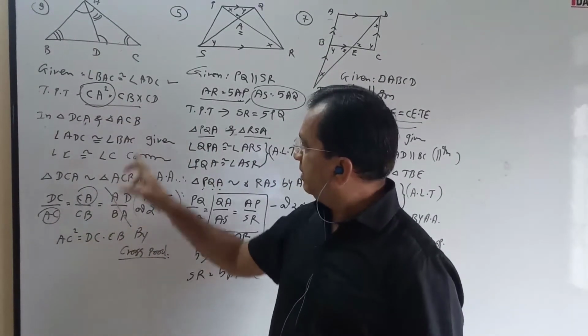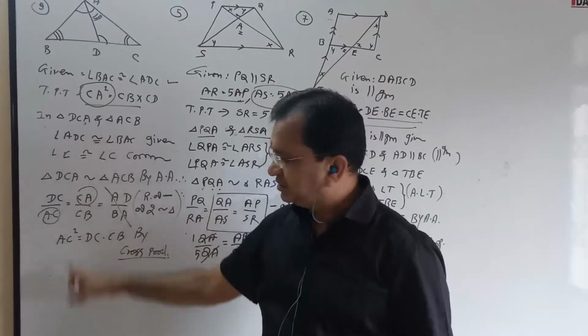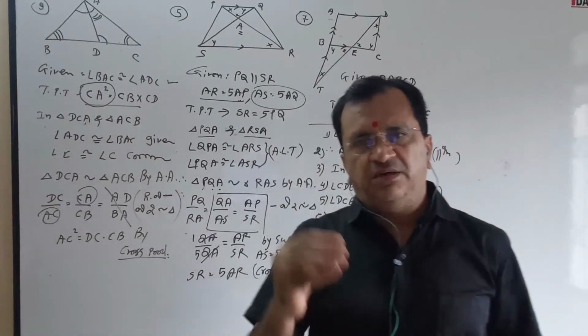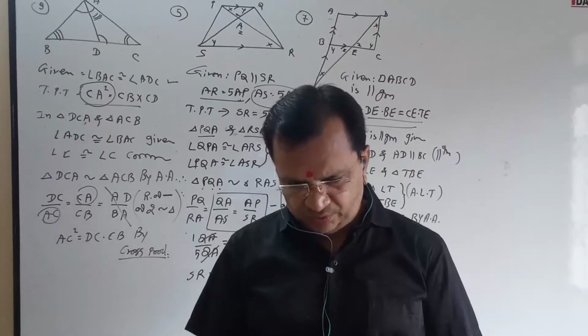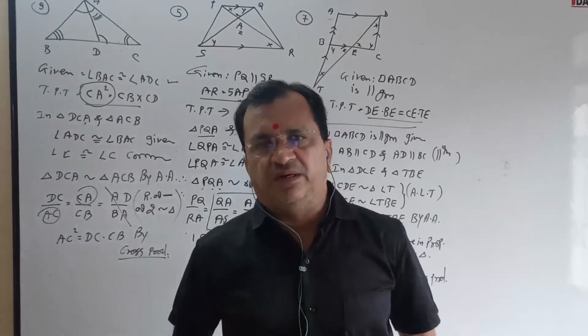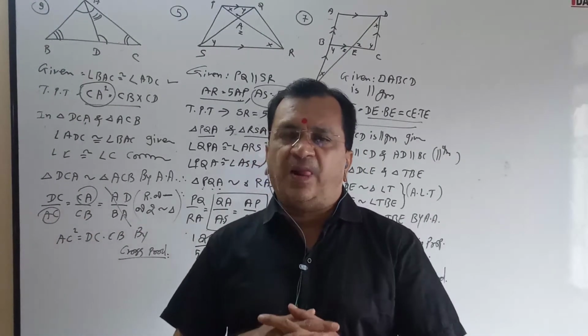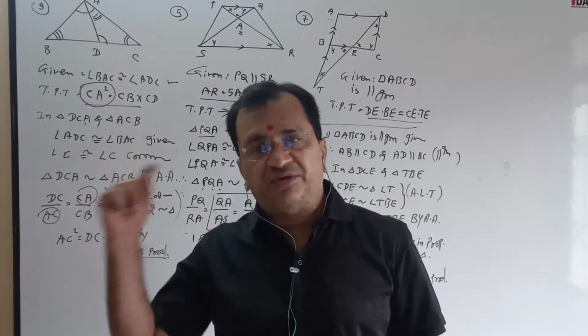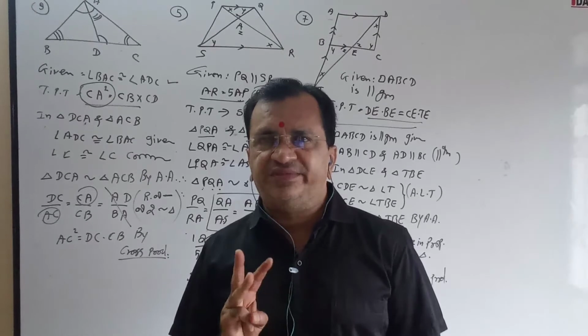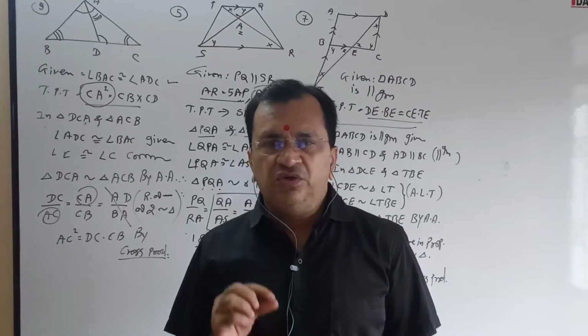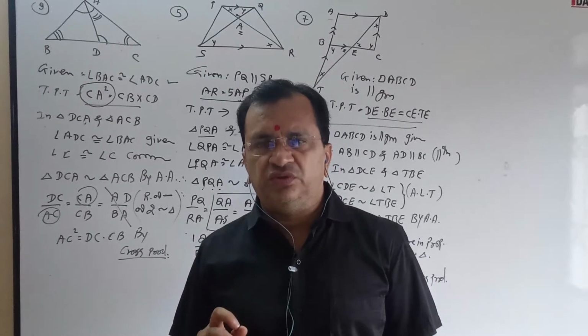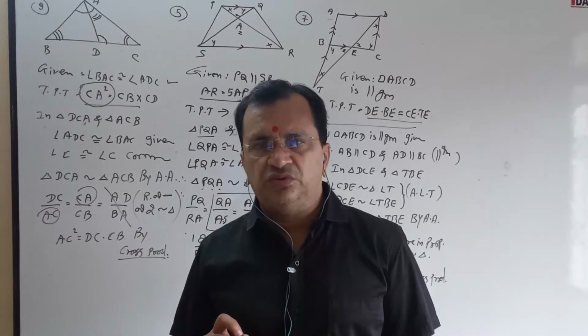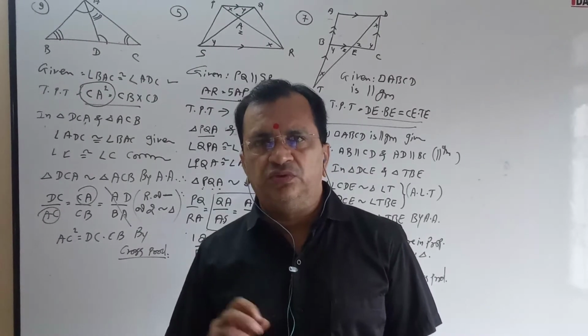CD, AC square. See, very systematic. First you have to prove two triangles are similar. Then write the three ratios. From the question you will decide out of those three ratios which two ratios you want to take cross product.